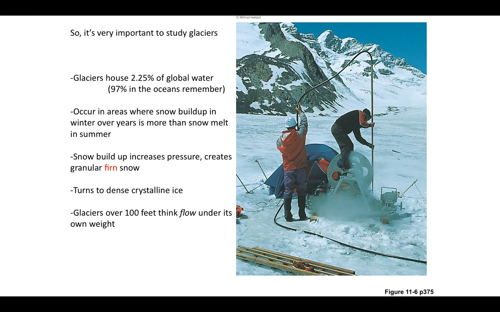And hopefully somebody would say, because it'll burn you. Because there's so much pressure on that glacial ice, it's so compacted that it is so freezing cold that it will literally burn you, like dry ice would burn you. It's not dry ice, but same kind of idea. So that's our crystalline ice, that dense crystalline ice that's going to be deep in the glacier. And the looser snow on top of the glacier, that's our firn snow.